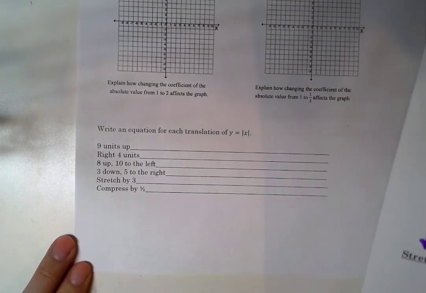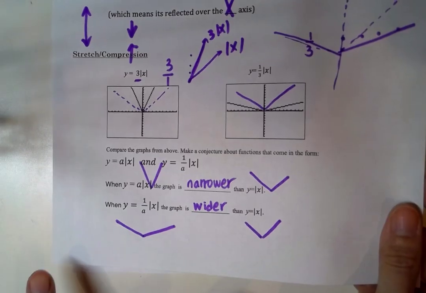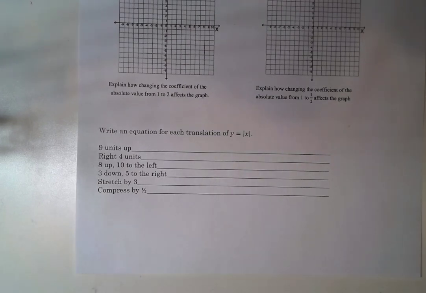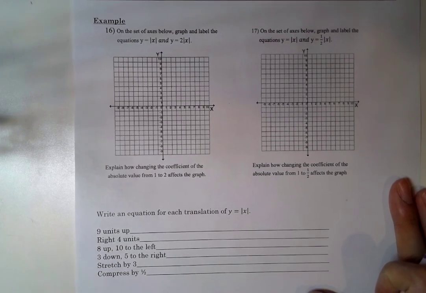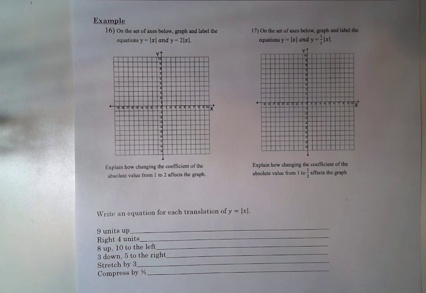Alright, guys, let's look at some examples about stretch and compression, or our slope. Look at this example here, number 16. It says on the set of axes below, graph and label the equations y equals absolute value of x and y equals 2 absolute value of x.